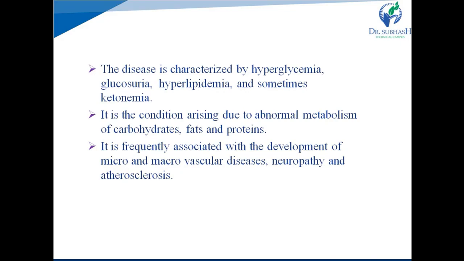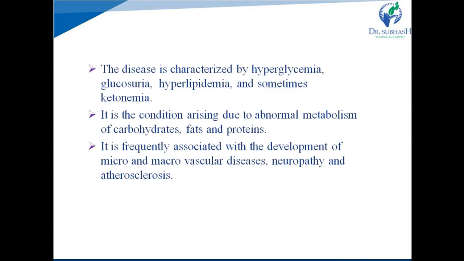Diabetes is characterized by hyperglycemia, glucosuria, hyperlipidemia, and sometimes ketonemia. As we have seen, insulin secretion is reduced or its responsiveness is reduced, and the main function of insulin is to utilize glucose.